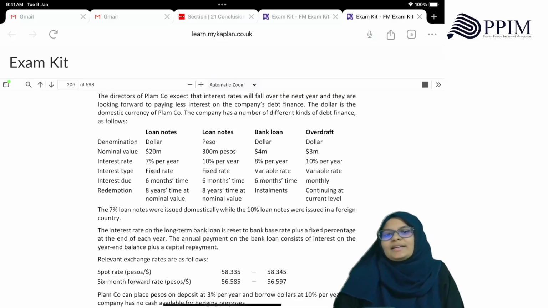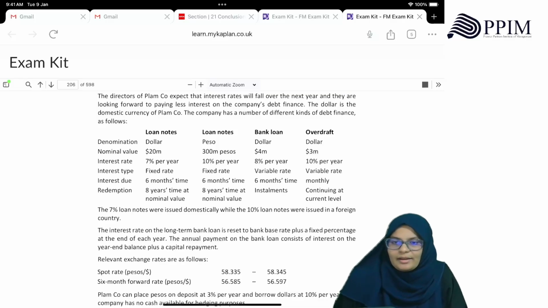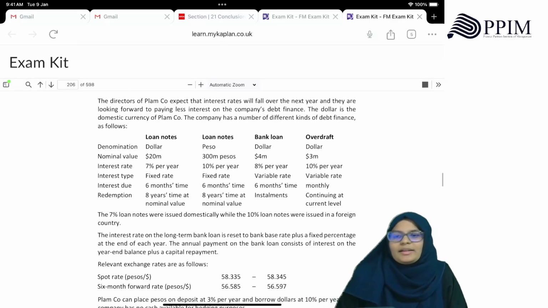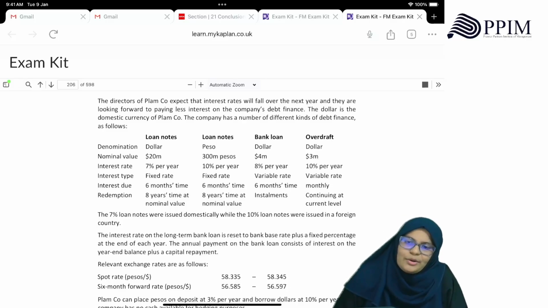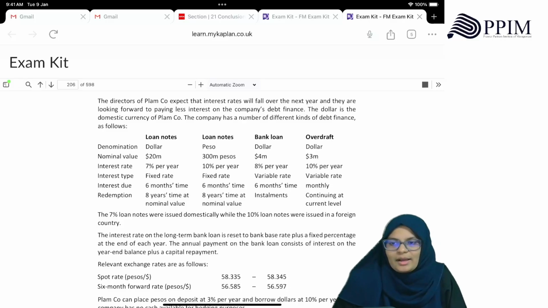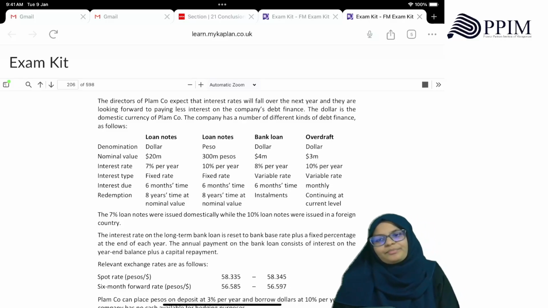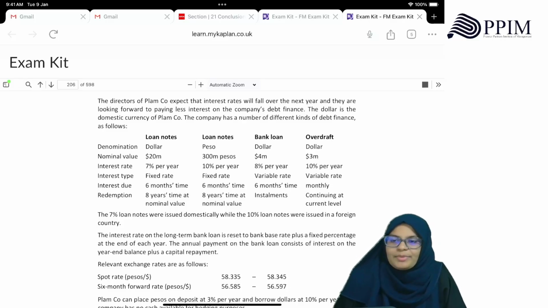Okay, so it says here the directors of Plum Company expect that interest rates will fall over the next year, and they are looking forward to paying less interest on the company's debt finance. Okay, now think of it logically. They have debt, they are expecting the interest to fall, right?